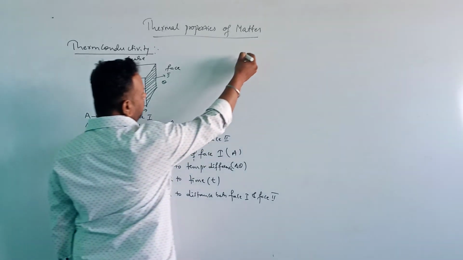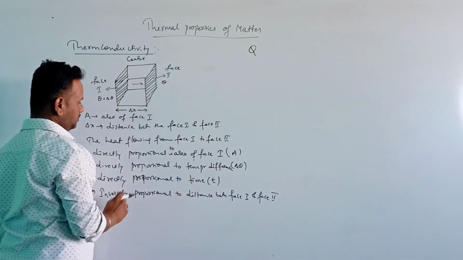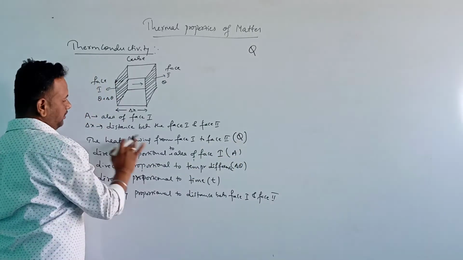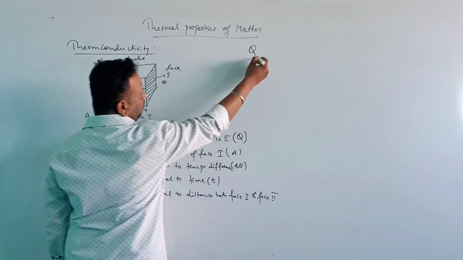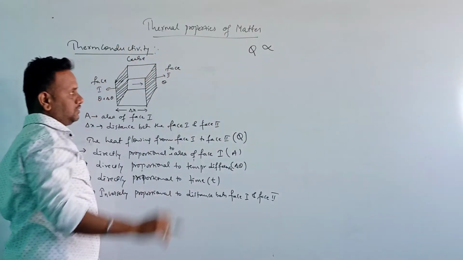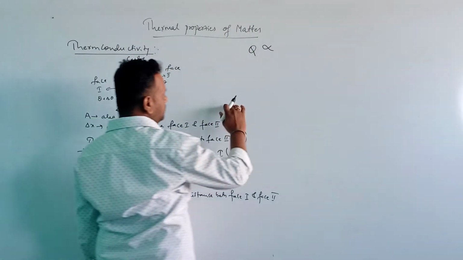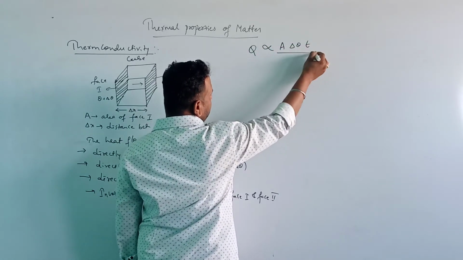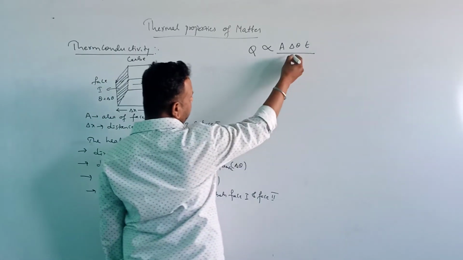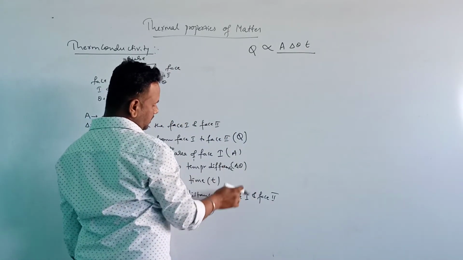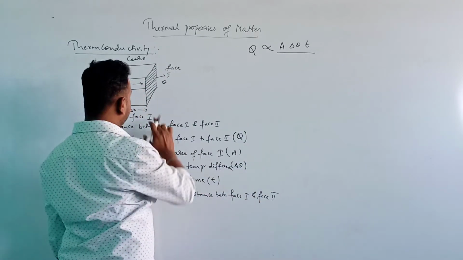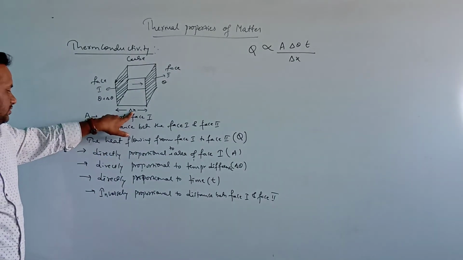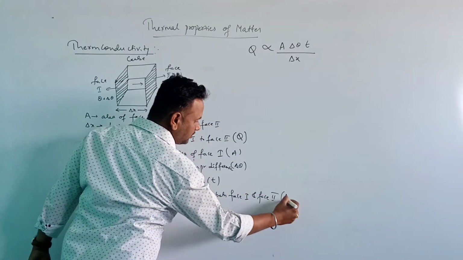In equation form, Q means the heat flowing from phase 1 to phase 2. Q is directly proportional to area, change in temperature and time, and inversely proportional to delta x, the distance between the two phases.